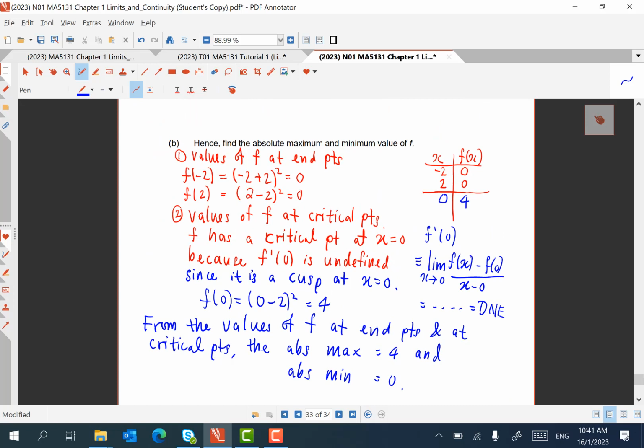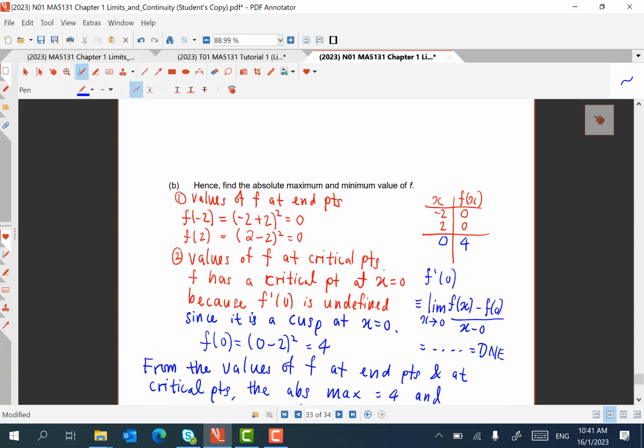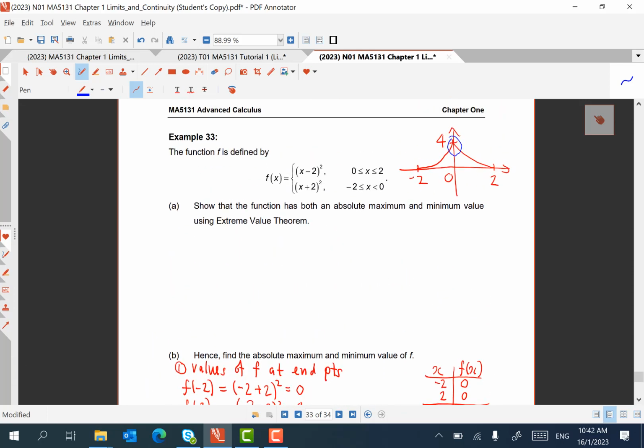Some people may take a different view. Some people will say, I can do this differently by showing that the graph increases from -2 to 0, and then the graph decreases from 0 to 2. If you do it this way, you can also determine that it has absolute maximum at 0, because you show that from -2 to 0 the gradient is positive, and from 0 to 2 the gradient is negative.